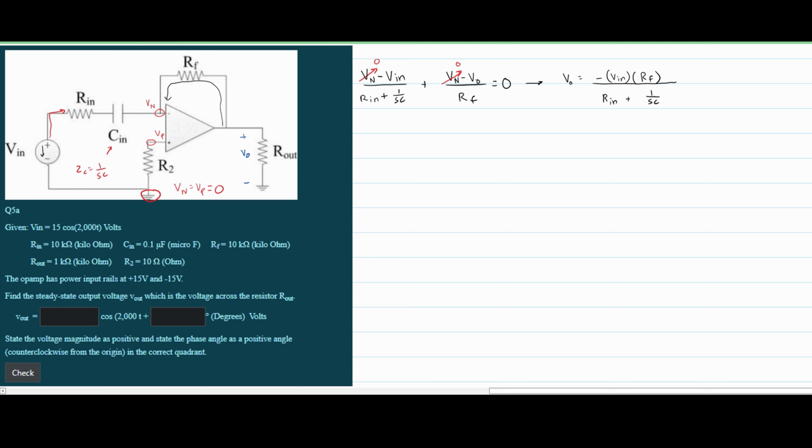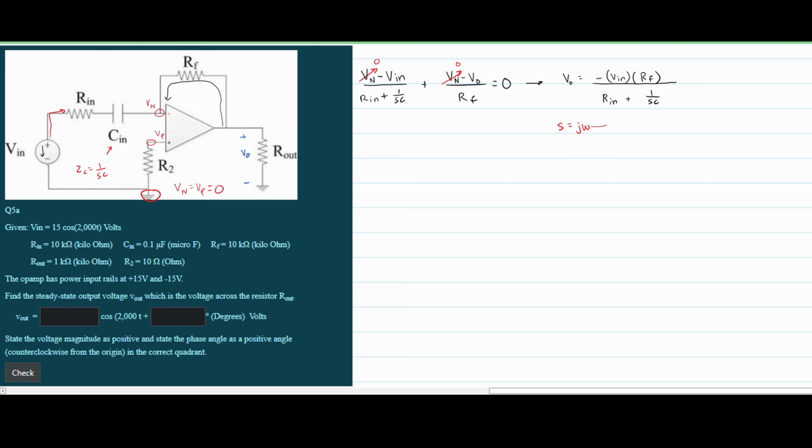And we can't just plug in our values and forget about the S. So what is the S? Well, if we were dealing with the transfer function, which we could turn this into, S is equal to J times omega, with J being an imaginary number.